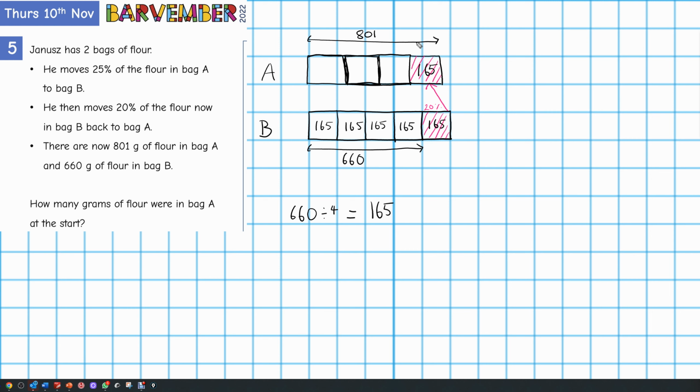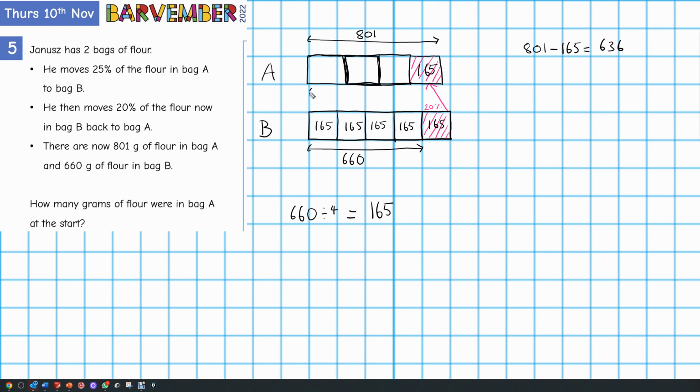And why is this important? Well, it means that if I take 165 away from 801, I can attribute a value to this part here. So 801 minus 165 is going to give me 636.